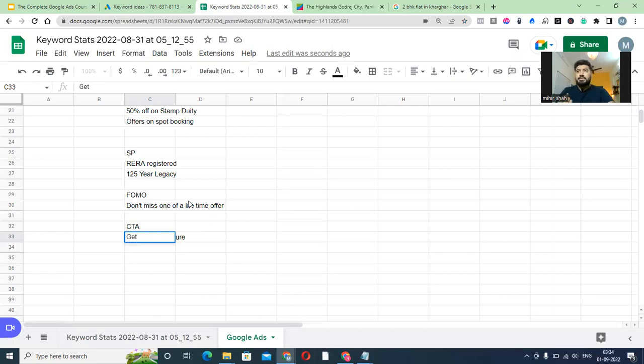The benefit is like get all the details, click now. So again, when I click to the brochure now, this is not really perfect because it does not directly give you what you are getting. It just gets you all the details. Click now. But I hope you understand.